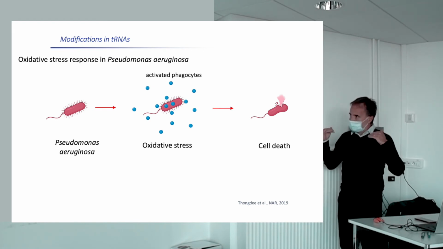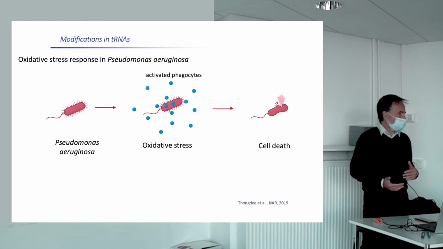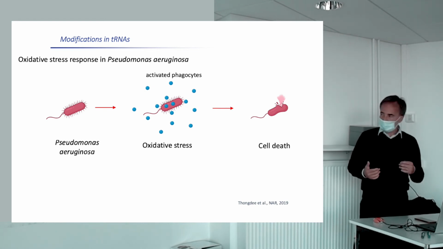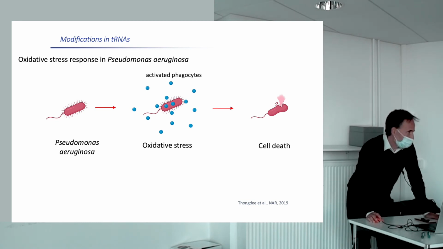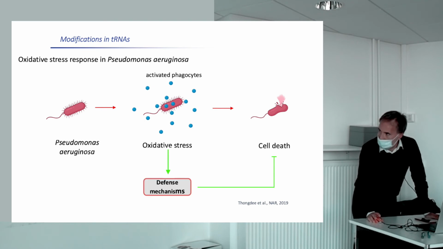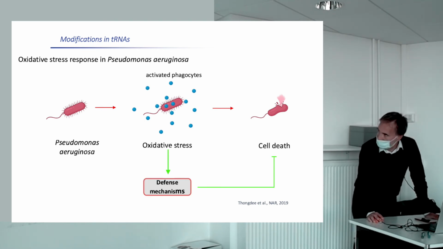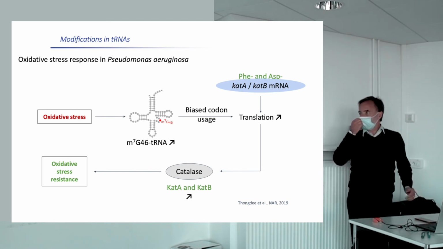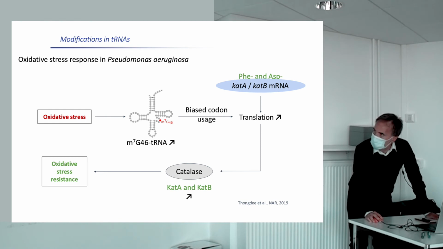And as I told you before, this leads to the presence of an oxidative stress. Usually bacteria can die with oxidative stress, but Pseudomonas aeruginosa has developed defense mechanisms to cope with the oxidative stress. And those defense mechanisms require a specific modification on the tRNA in this variable loop.